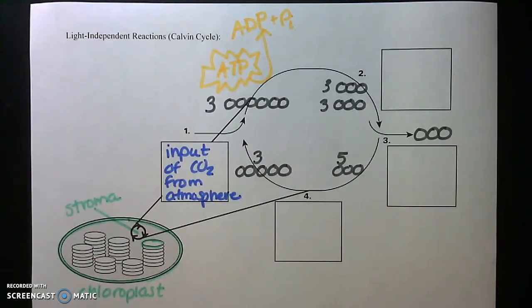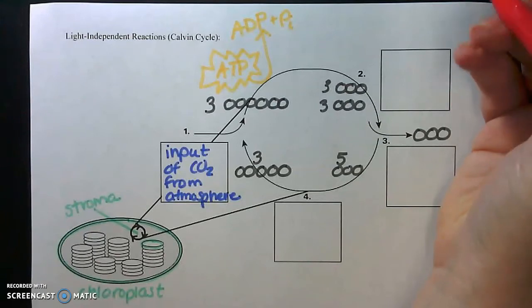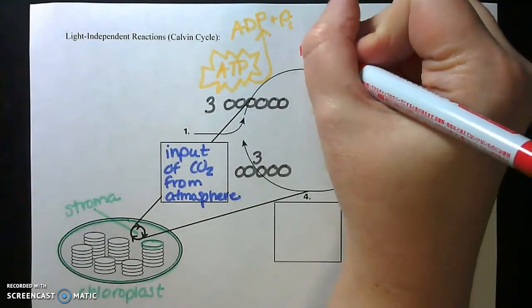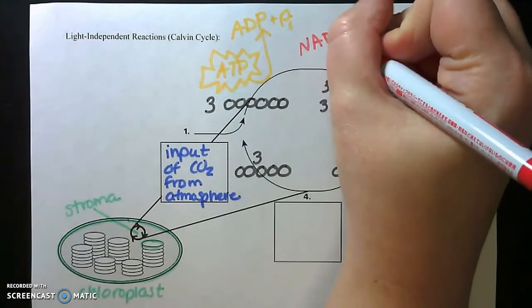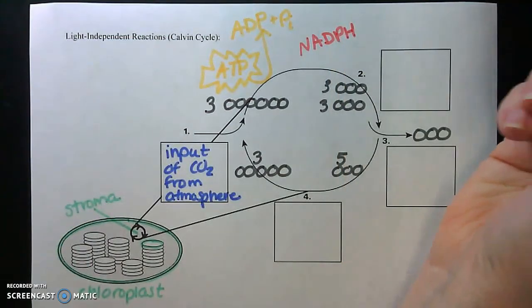Now notice what we're doing to this molecule. We're splitting it in half. So that means we also need some electrons, because we're going to need to make sure that all of the valence shells of the new molecules are filled with electrons. If you remember from the light-dependent reactions, that produced NADPH, which is carrying electrons.